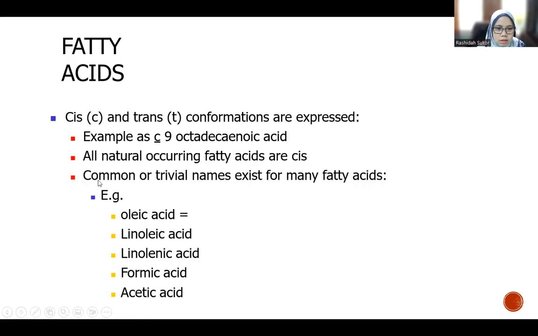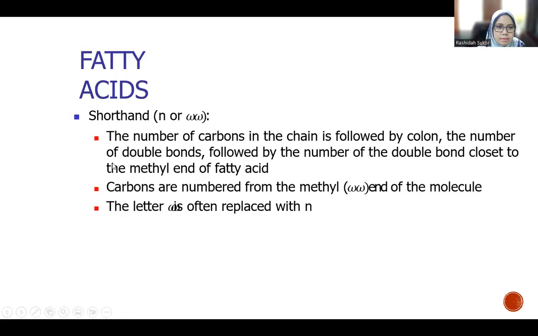Okay, this is an example lah. Okay. So this is fatty acids shorthand, or ditulis macam omega lah. The number of carbon in the chain is followed by colon.